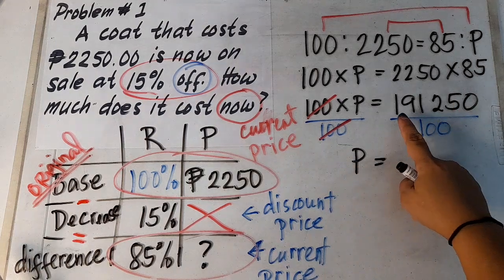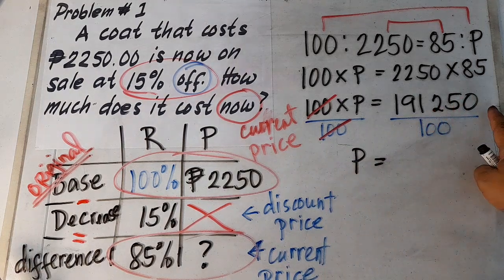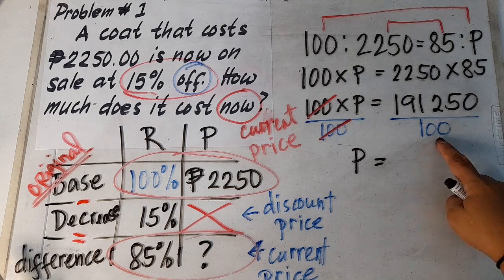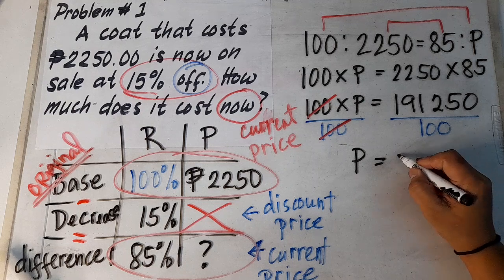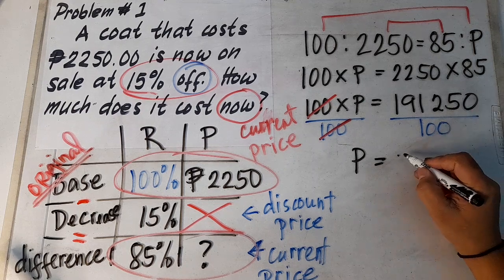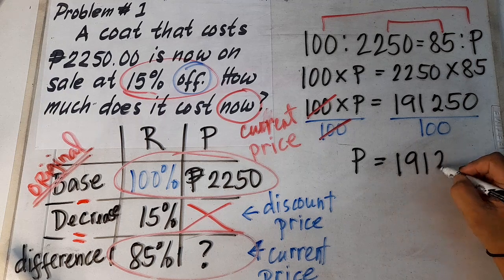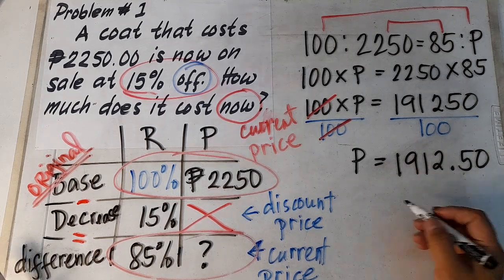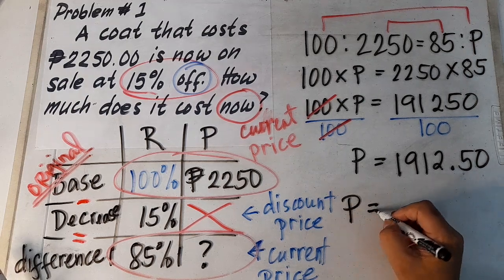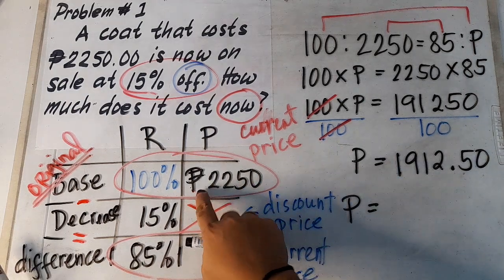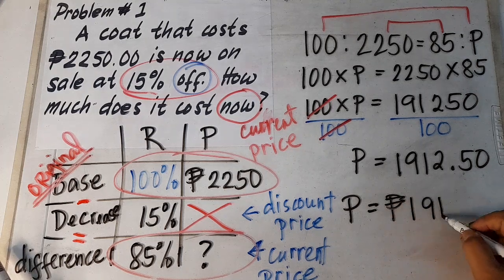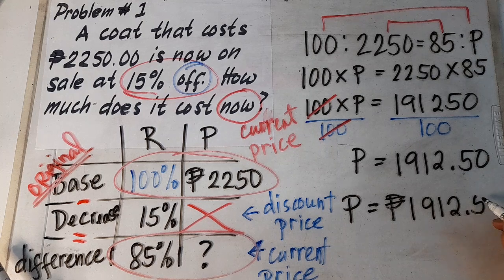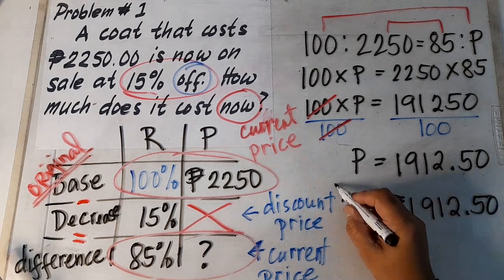Is equal to 191,250 divided by 100. So, that would be 1,912.50. Okay? Or, P will be, since it should have a peso sign, our percentage is 1,912 pesos and 50 centavos.